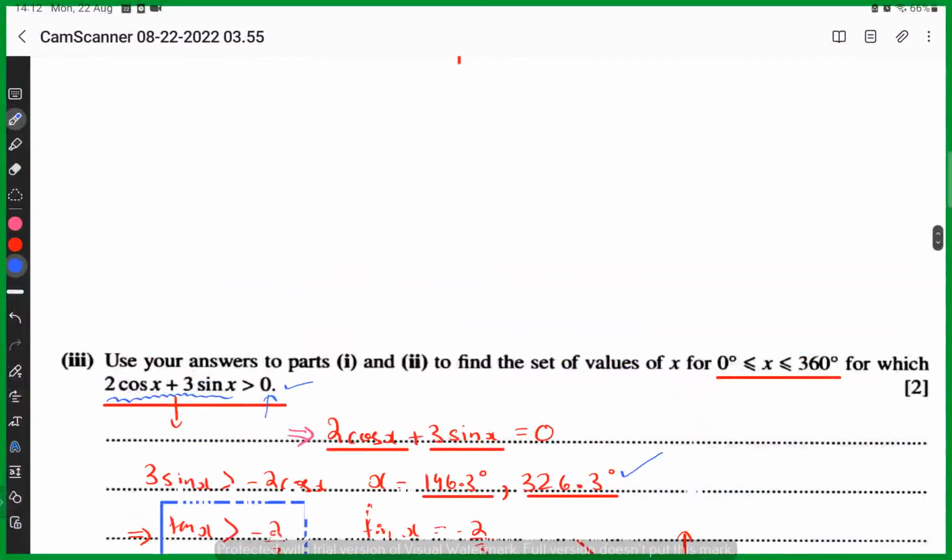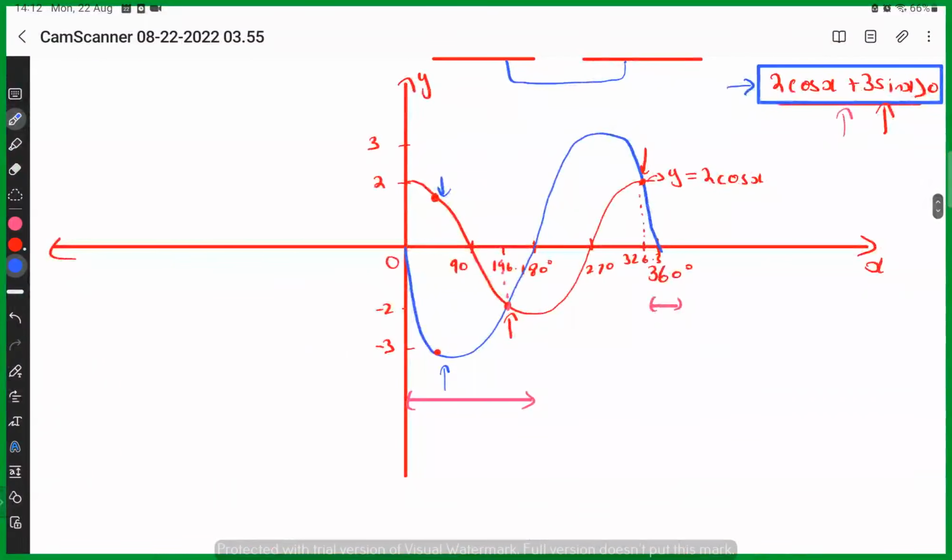All right, let me use yellow color to explain this thing. This is basically the part of the graph that is being made after 326. And this is the part of the graph that is being made after 326 for the other graph.